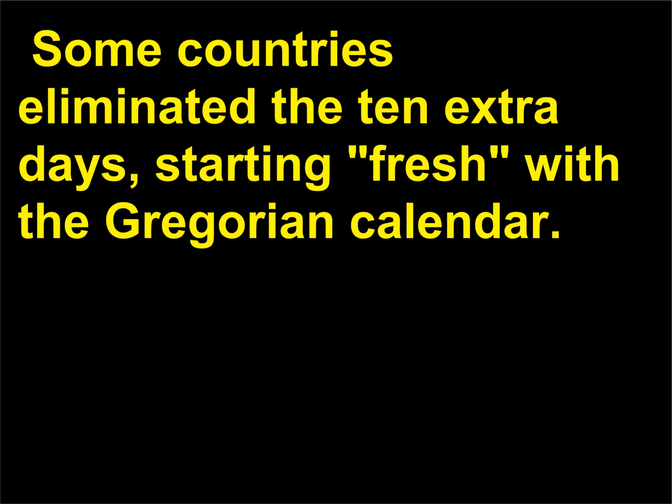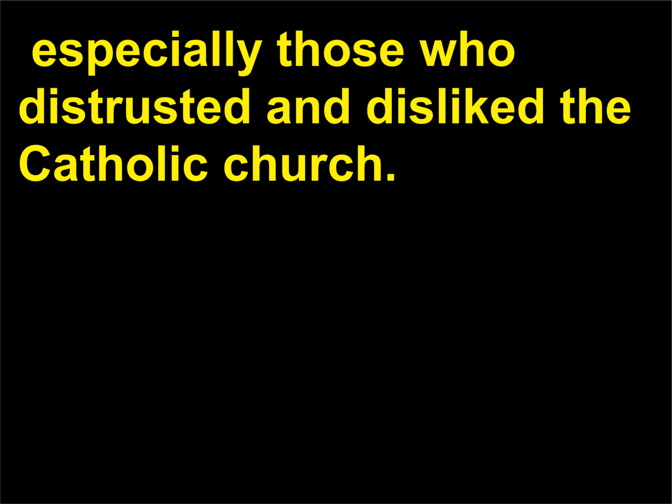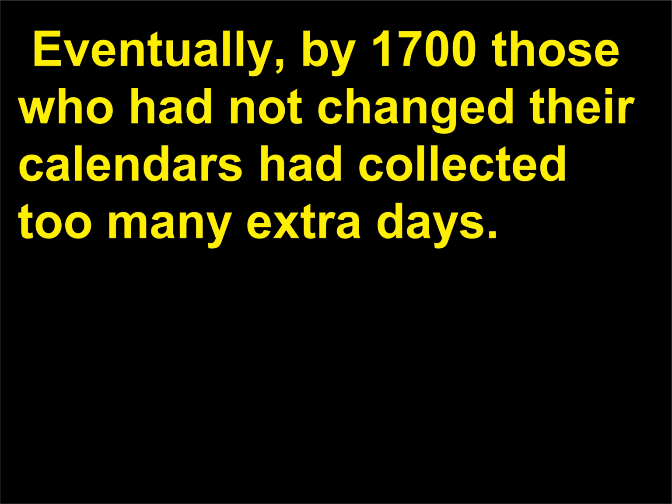Some countries eliminated the 10 extra days, starting fresh with the Gregorian calendar. But not everyone agreed with the new calendar, especially those who distrusted and disliked the Catholic Church. Eventually, by 1700 those who had not changed their calendars had collected too many extra days.